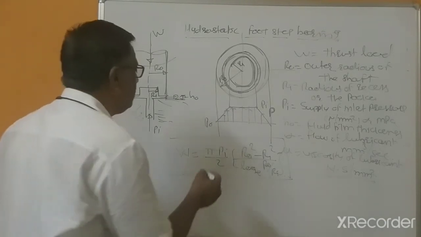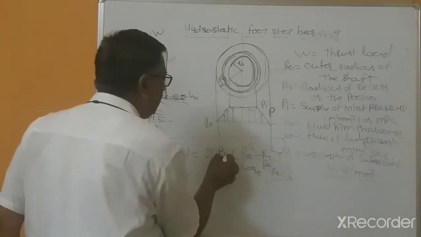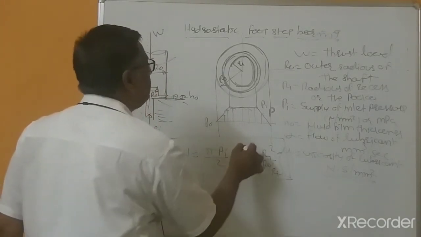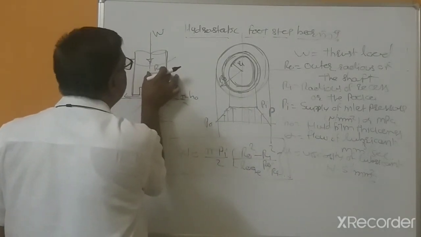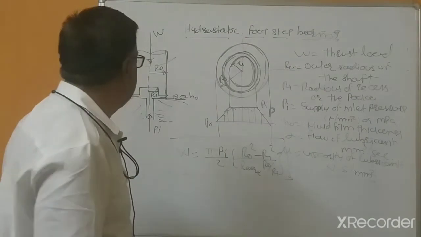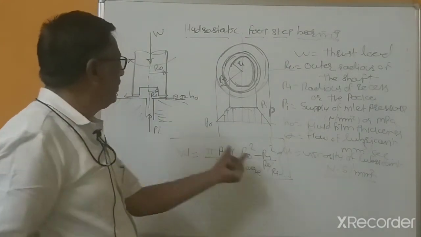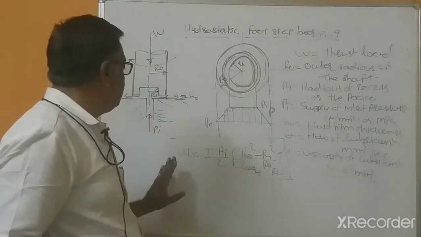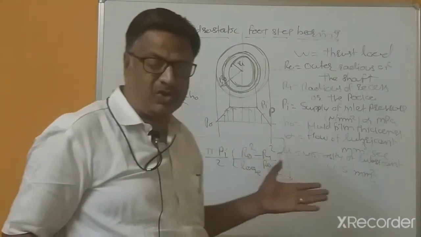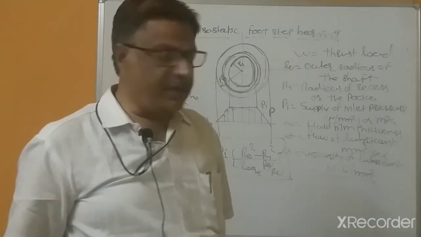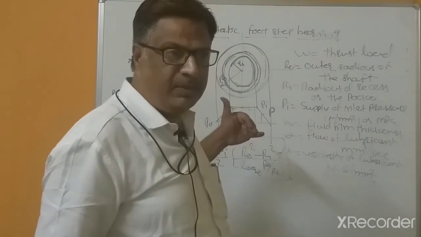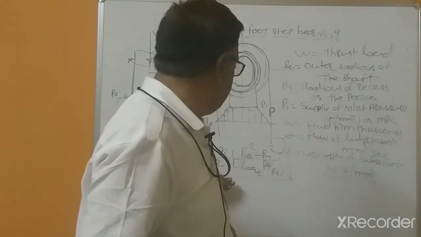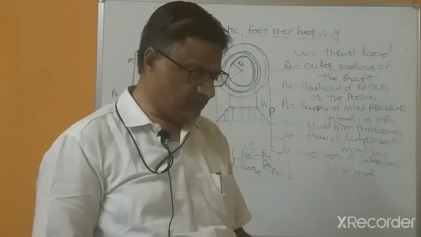This is the lubricating oil pressure and this is the outer radius of the shaft. This is the inner radius. So by using this formula you can calculate the maximum thrust load that can be sustained.